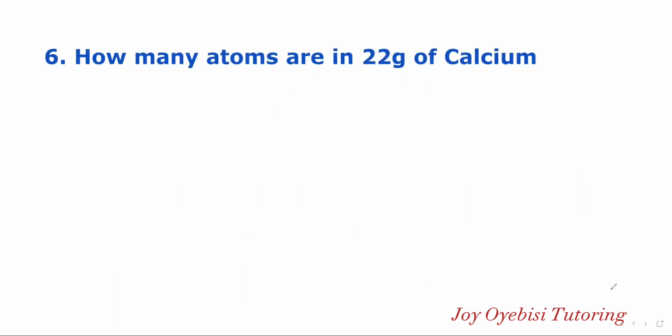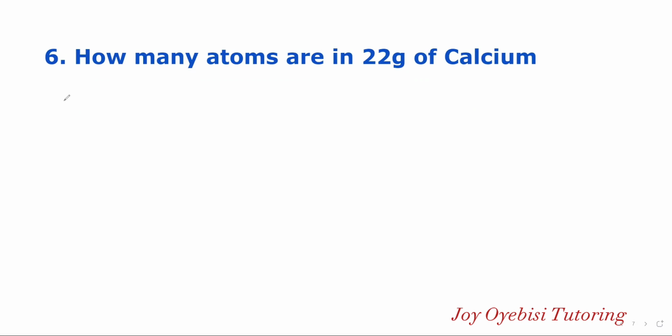Now for the next one, it says, how many atoms are in 22 grams of calcium? This is the one you have to convert to moles. This time they didn't give you moles, and the relationship with atoms, that's the 1 mole equals Avogadro's number, has to do with moles, not grams.